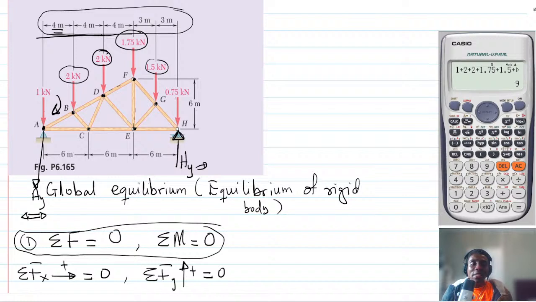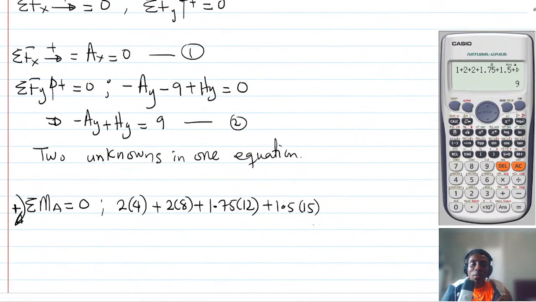Again, we have 0.75 multiplied by the whole length, which is 18. So 0.75, 18.